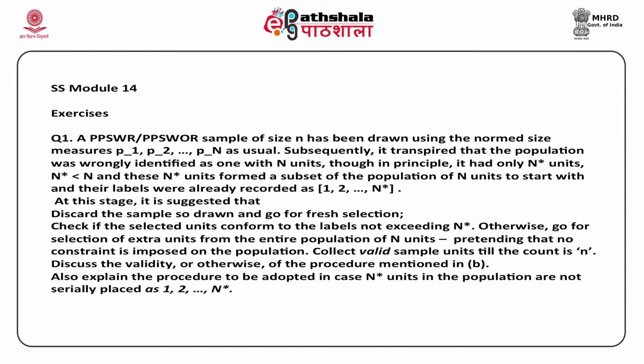Otherwise, go for selection of extra units from the entire population of capital N units, pretending that nothing has happened, no constraint is imposed. Now, collect valid sample units till the count is little n. The idea is you continue doing as you have been doing before, but make sure that you only look for units within up to and including n star. The moment you get small n of them, stop there. So, these are the two approaches suggested.